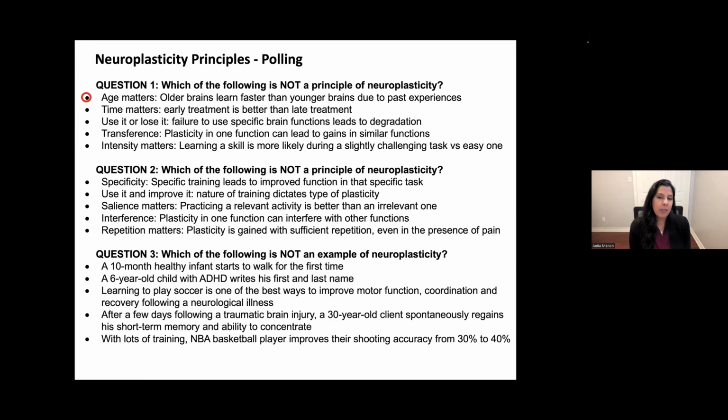In fact, what we see is that a developing brain can learn faster than a fully developed brain, because it has a greater capacity for neuroplasticity. That's not to say that adult brains cannot experience neuroplasticity either, but the rate is a bit different.